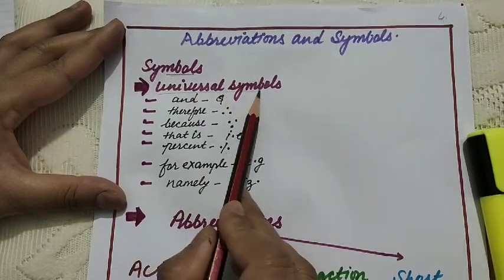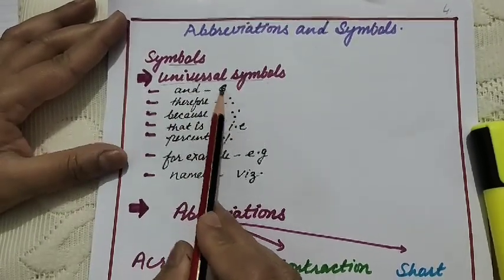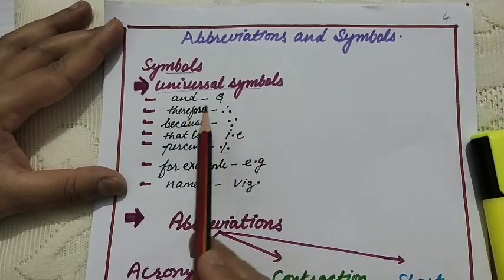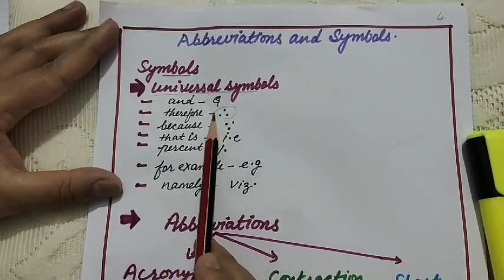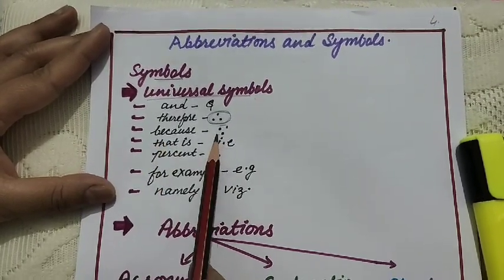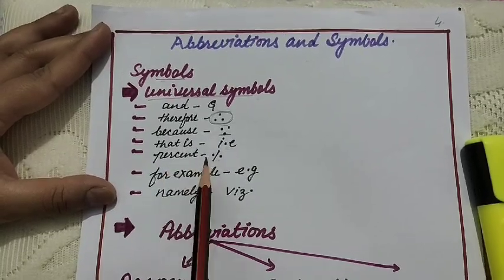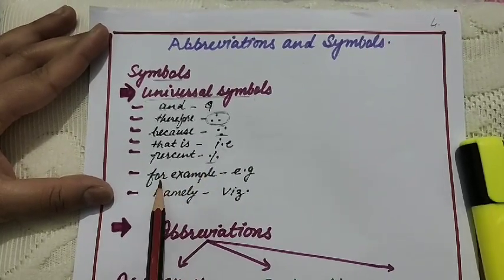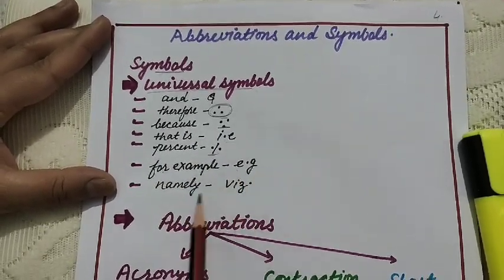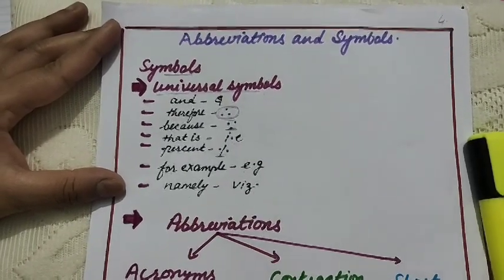Universal symbols are known everywhere, like in mathematics we write therefore, because, i.e., the percent symbol. For example, e.g., namely, viz.